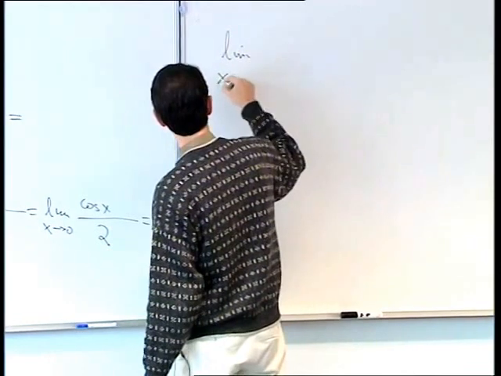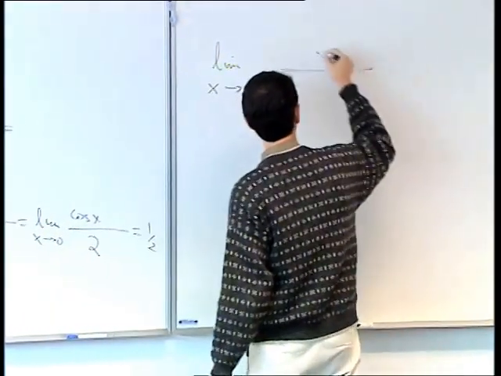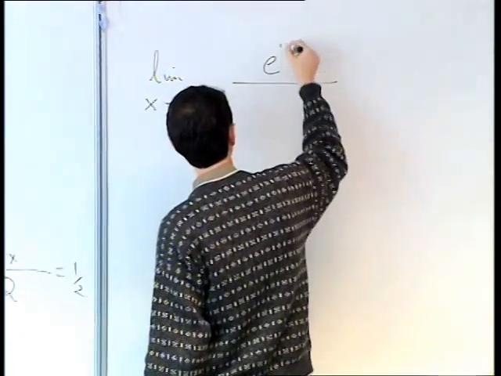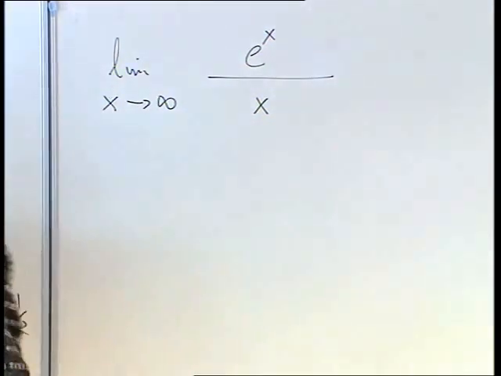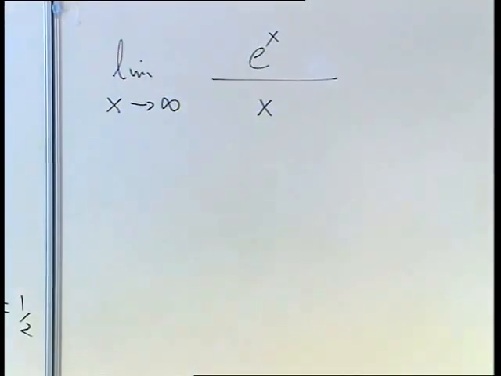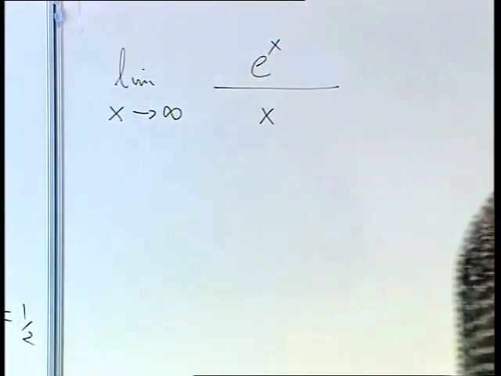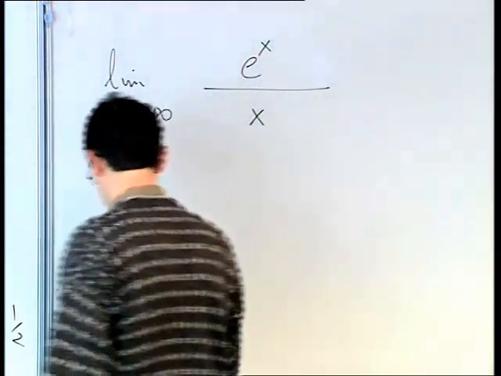Limit when x goes to infinity of e to the x divided by x. If you don't like e to the x here, you can replace it by 2 to the x, but let's do e to the x. Now, let's see.